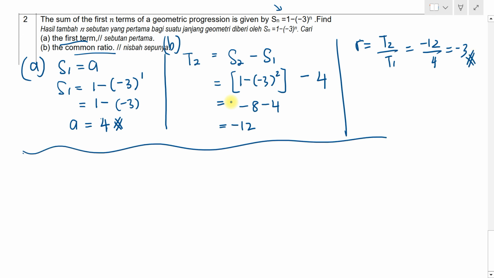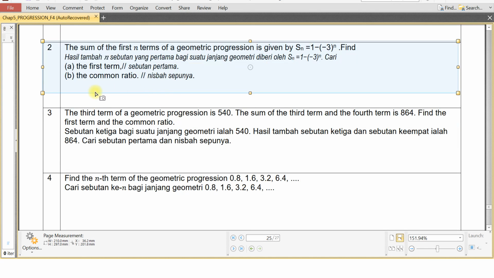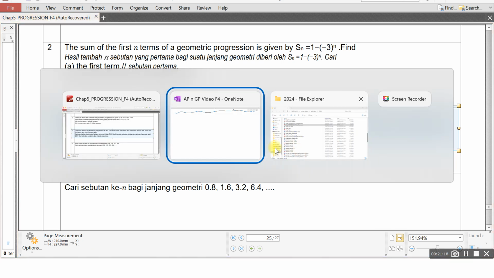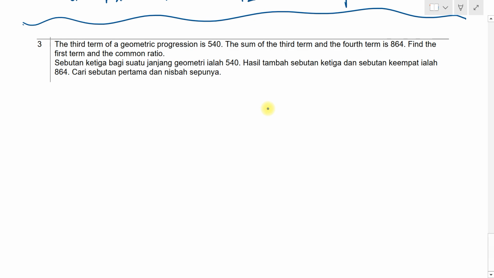Okay, question number 3. The third term of a GP is 540, so we can create an equation out of this. The sum of the third term and fourth term is 864. Find the first term and common ratio.